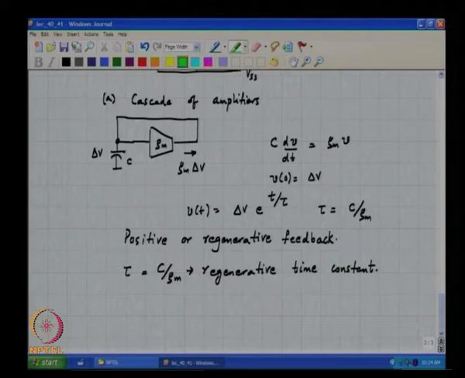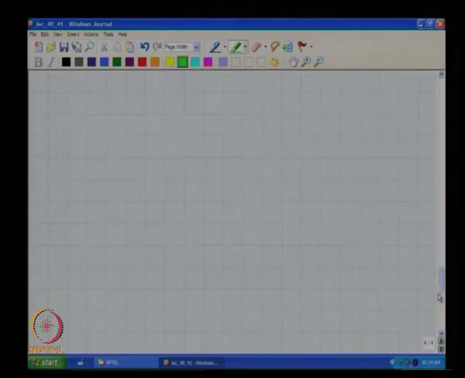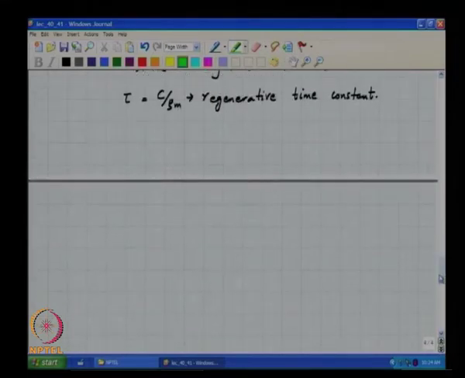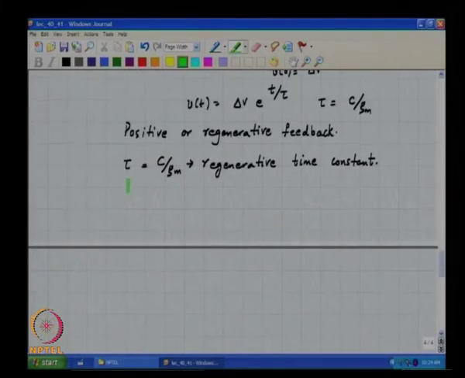And if you want to have more gain, what does this mean? How will you get more gain? I mean, the gain of this contraption, if you can call it that, is basically e to the t by tau, all right.